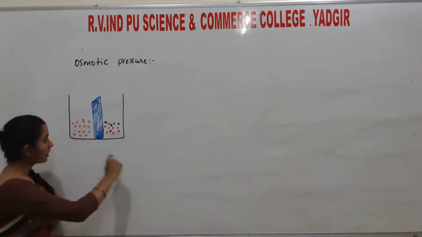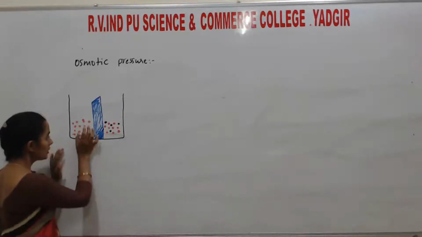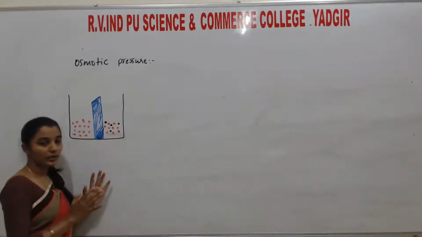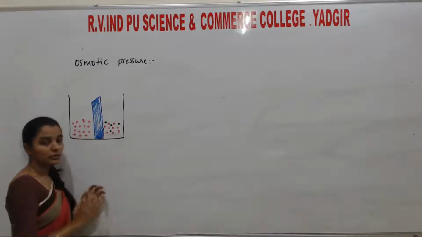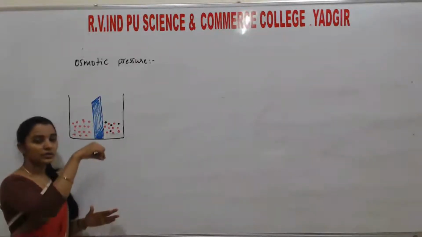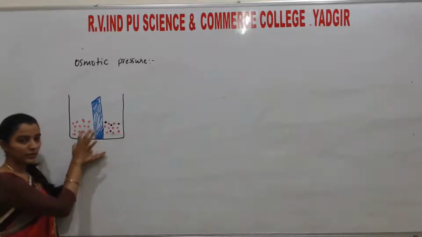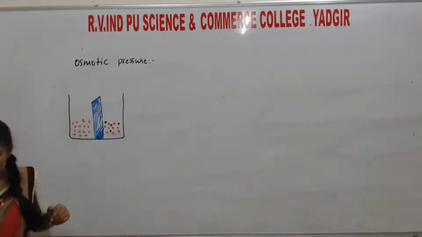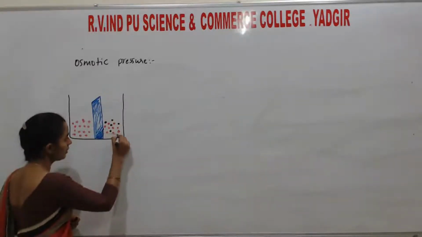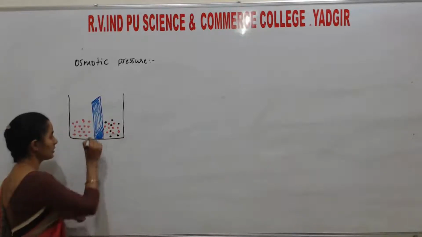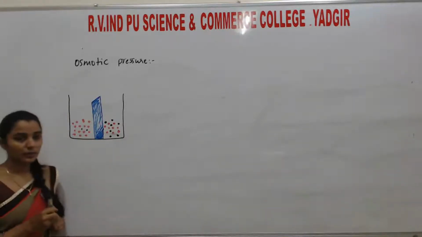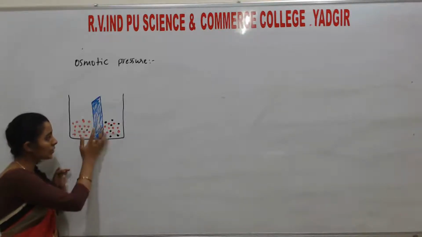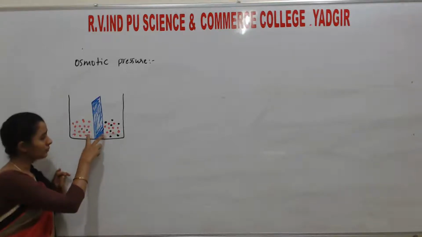So what happens here? Here only solvent molecules are there, and here solute plus solvent molecules are there. It is a solution, a mixture of solute and solvent particles. In the solution we keep a semi-permeable membrane, so the solution is divided into two types of solutions.